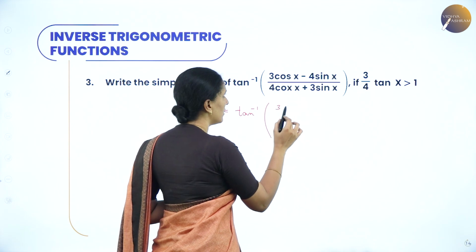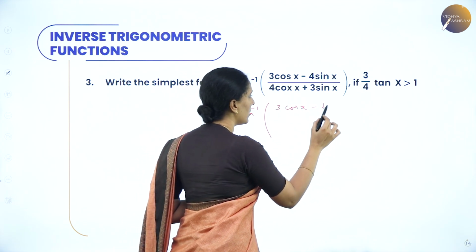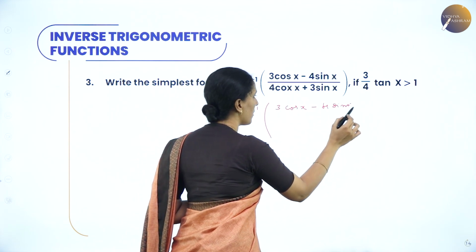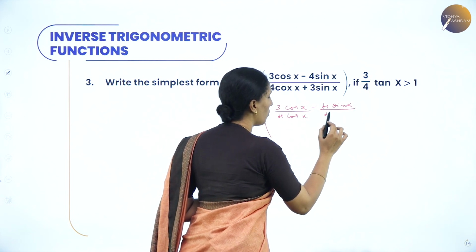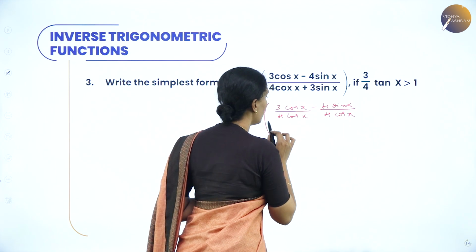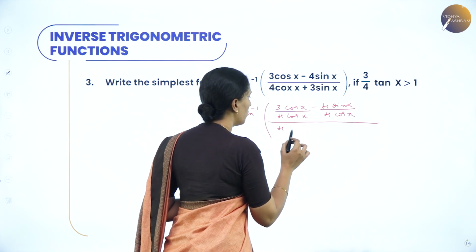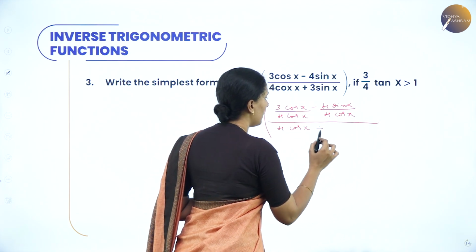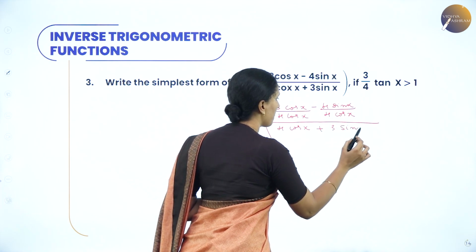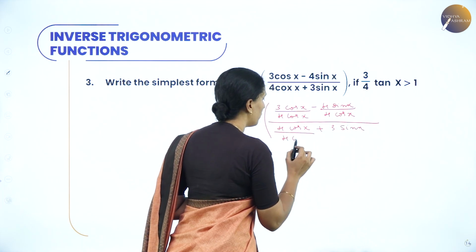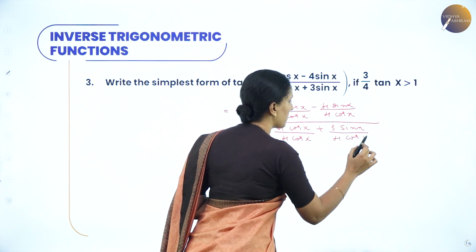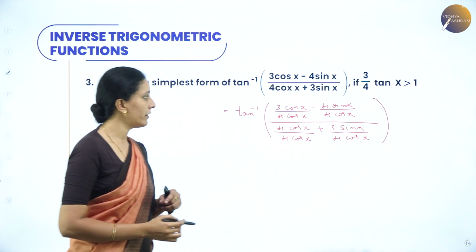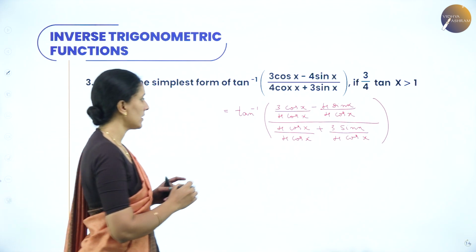Then (3 cos x minus 4 sin x) divided by 4 cos x, whole divided by (4 cos x plus 3 sin x) divided by 4 cos x. This is how we will get when we divide each term by 4 cos x.